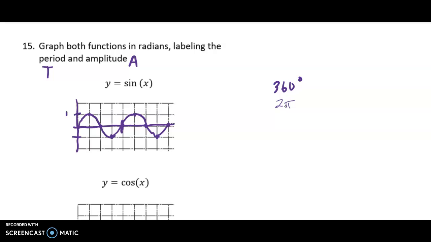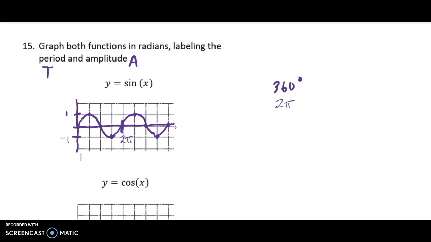Since I'm asking you to do this in radians, we look at this graph, and it goes up, down, and then it stops there, and then it keeps going and repeats itself. So this is that full first rotation. So I'm going to label that as 2 pi. I've already got this labeled as 1, and I'll label that as -1.